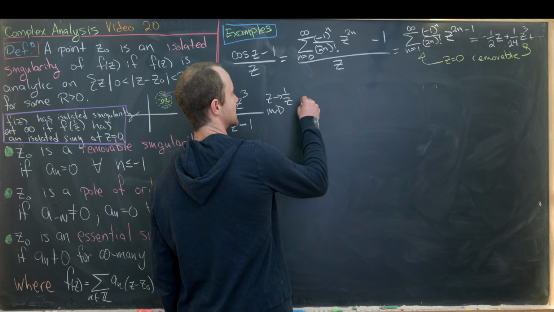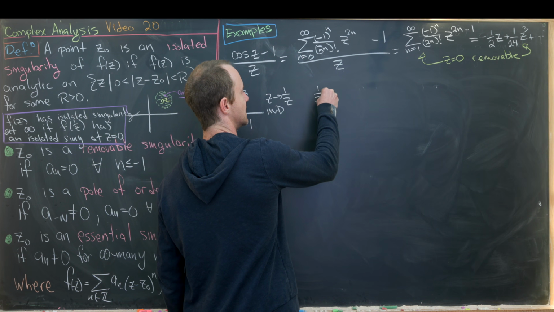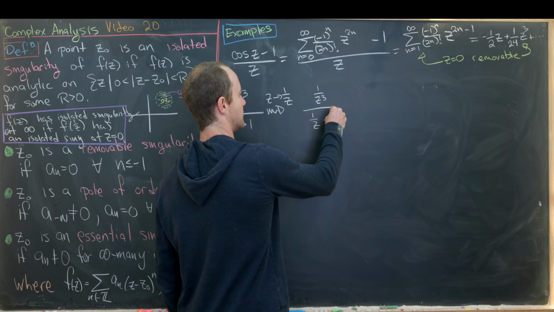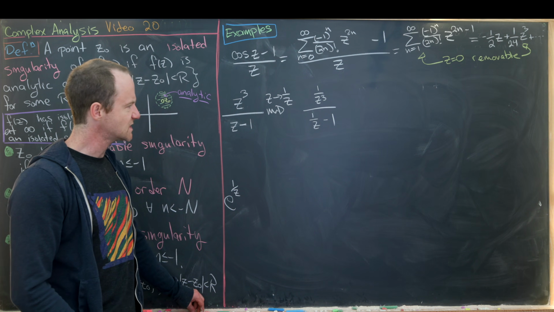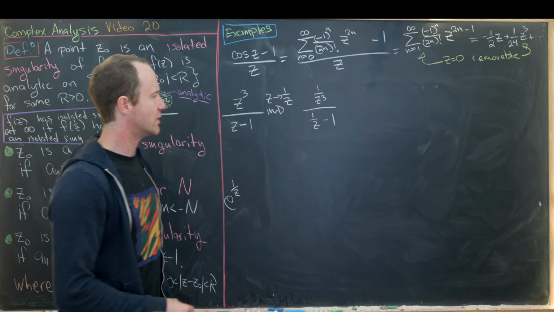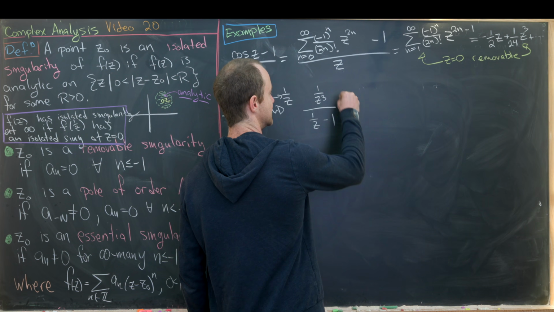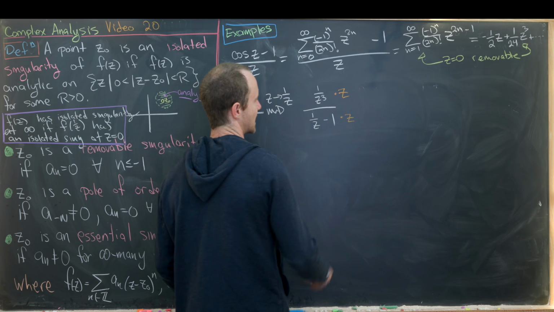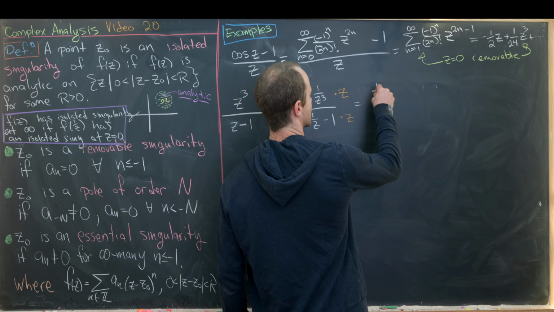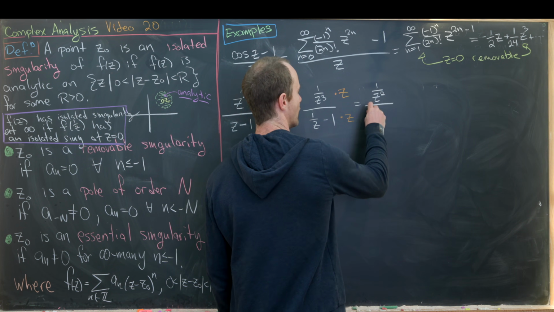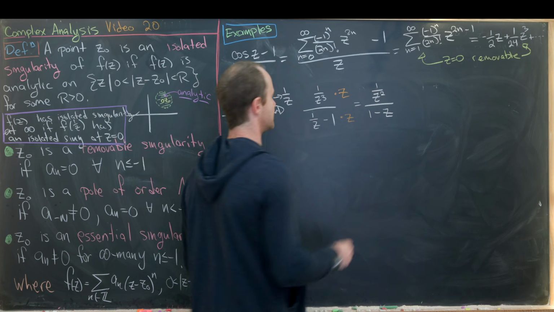So let's see, this gives us 1 over z cubed over 1 over z minus 1. So maybe from here, we would like to multiply the numerator and the denominator by z. So let's see what that'll give us. That'll give us a 1 over z squared in the numerator, and in the denominator, we'll have 1 minus z.